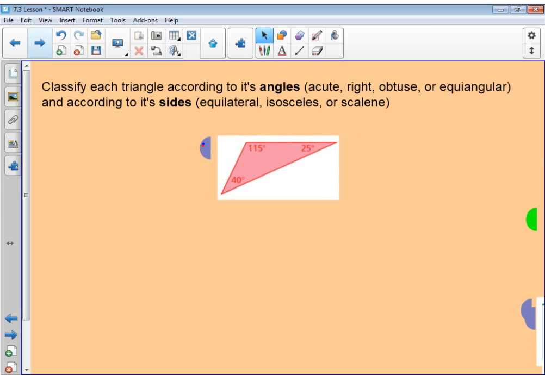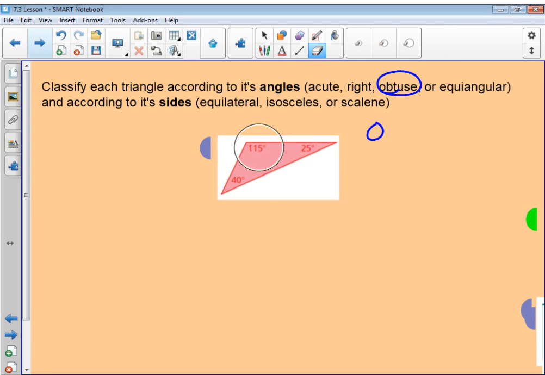All right, let's try this one. Here they're actually giving us dimensions. So we're going to look for the largest number, which is right here. Is that acute, right, or obtuse? Well, that would be obtuse, so it's an obtuse triangle. And then according to its sides, the one thing we have to understand is they didn't put any markings here.